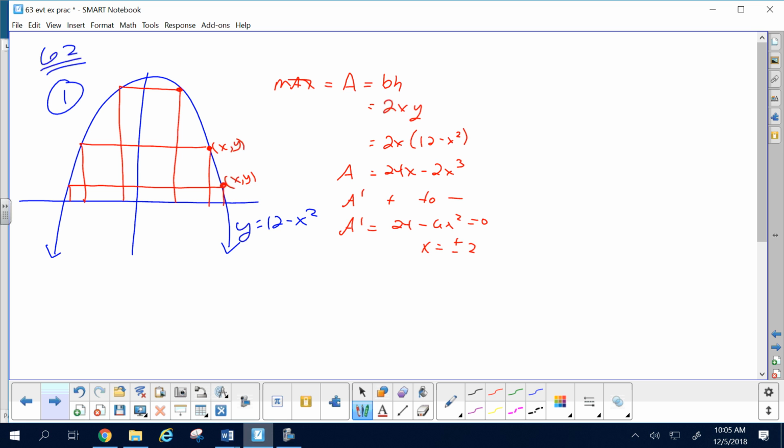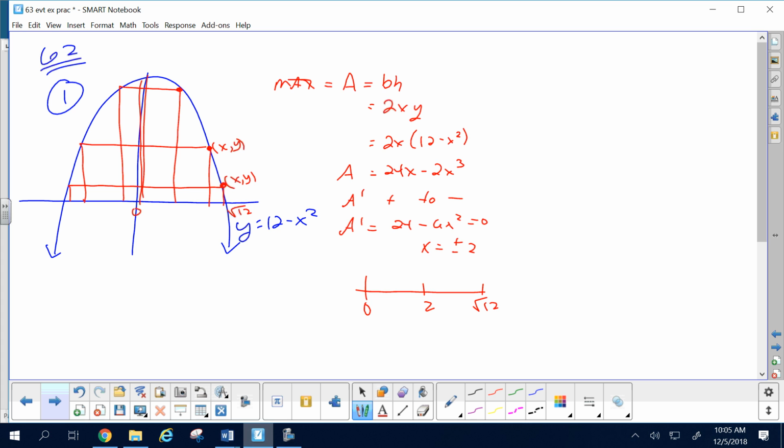We'll blow off negative 2. x could be at its least 0, and at its most the square root of 12, because that's where the parabola ends at the axis.